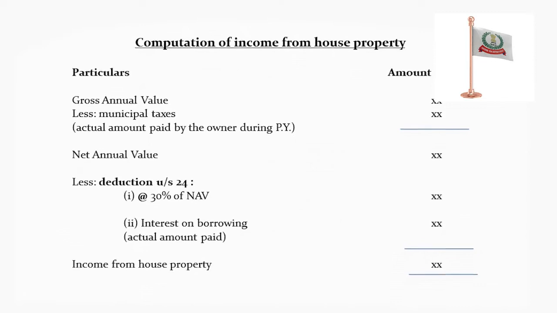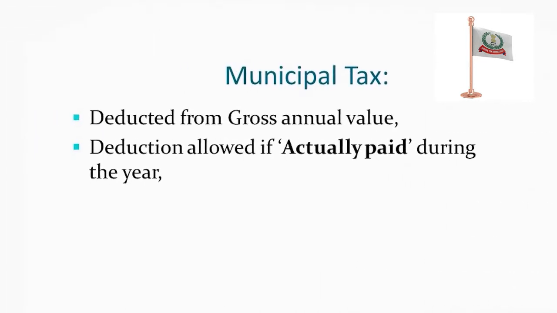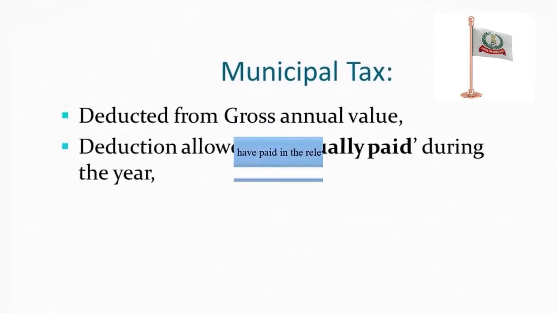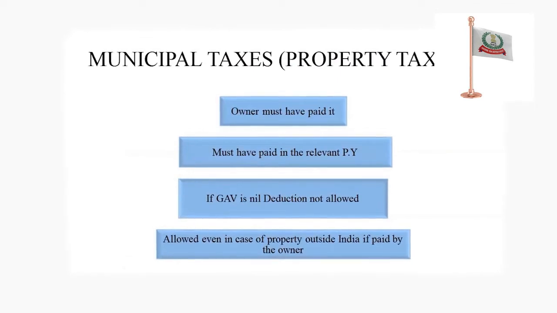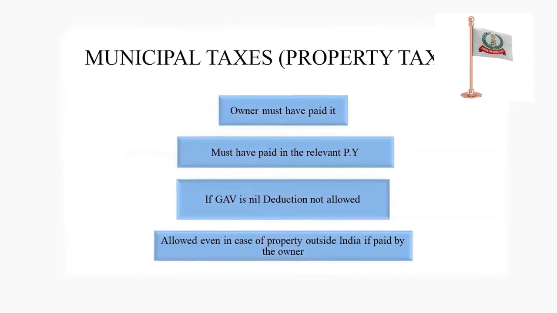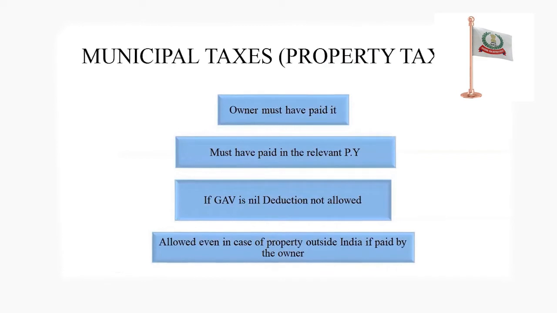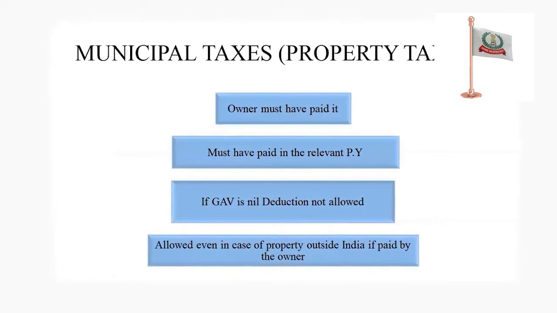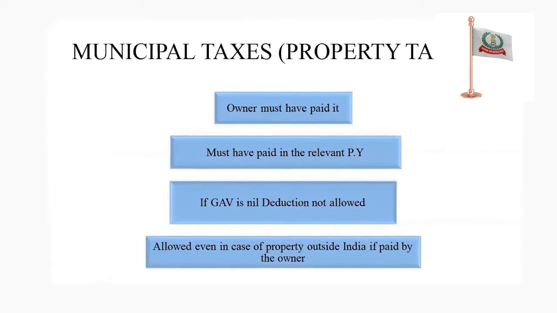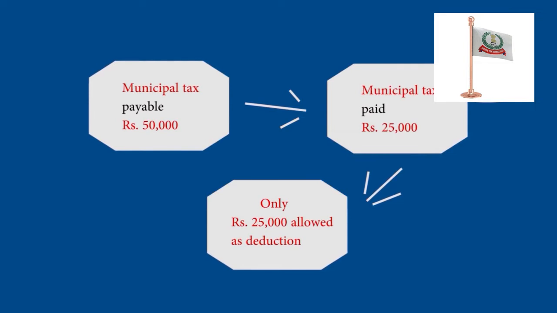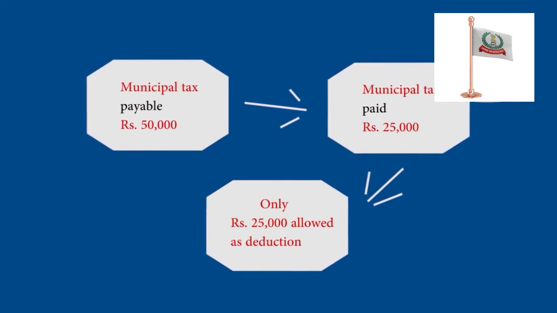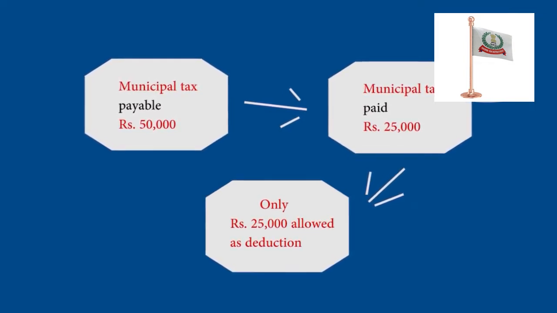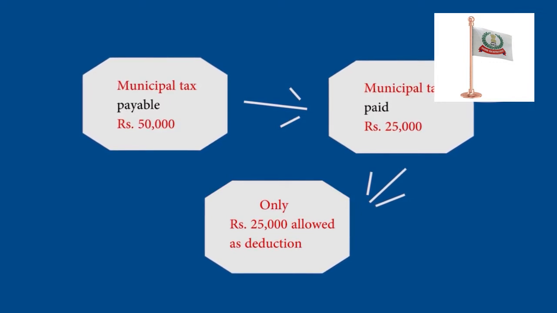Next deduction is municipal tax. Municipal tax is allowed as a deduction from gross annual value. Such amount is payable to the municipal authority and allowed as a deduction if actually paid during the year. Suppose municipal tax payable during the year is rupees 50,000, but actually paid by the landlord is rupees 25,000.